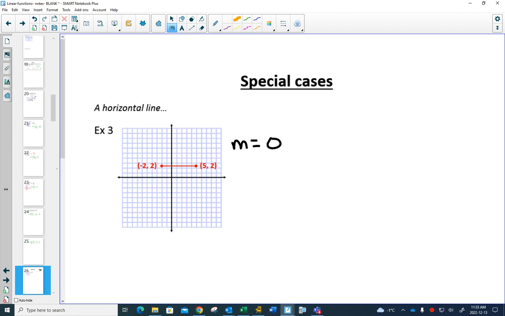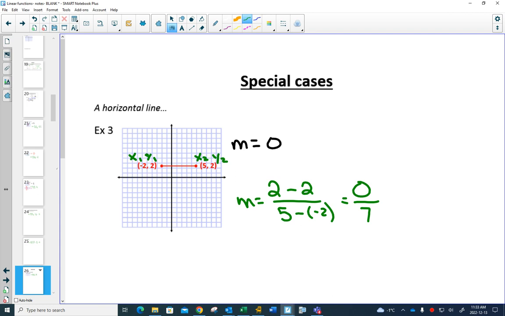Okay? So in the formula, if I make this first point, and this my second point, my formula would say y2, which is 2, minus y1, which is 2, over x2, which is 5, minus x1, which is -2. I get 0 on the top and +7 on the bottom.